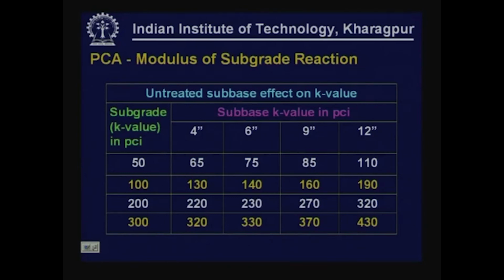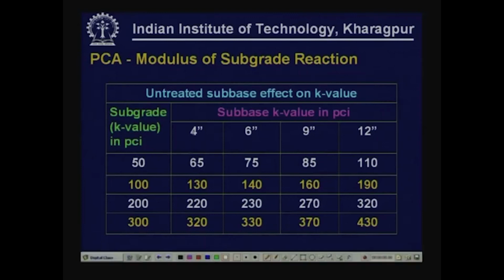This is for untreated subbase. If you provide a 6-inch untreated subbase over a subgrade having 100 PCI modulus of subgrade reaction, the combined effective modulus of subgrade reaction can be taken to be 140 PCI, pounds per cubic inch.